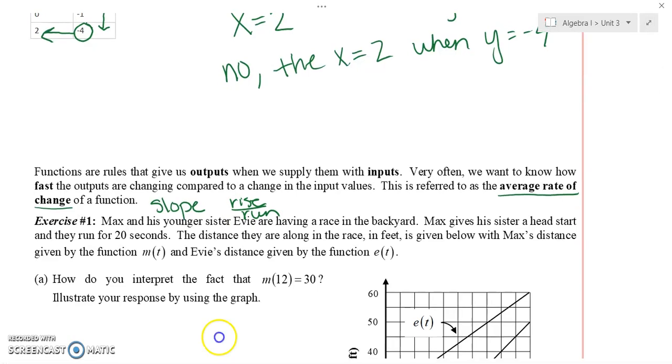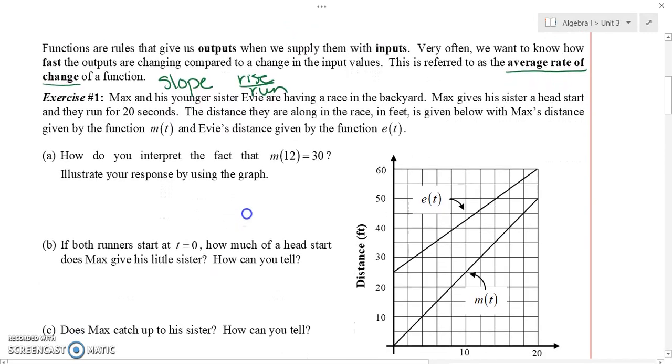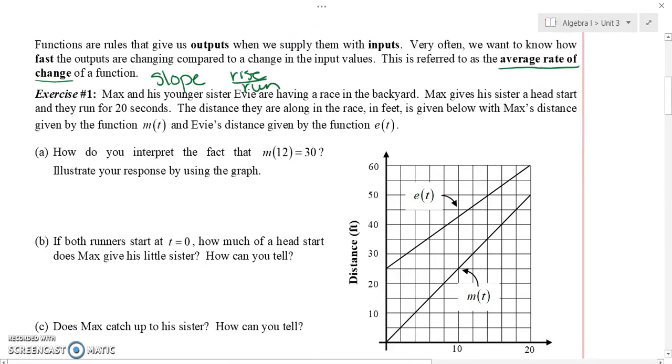Our first example is giving us a graph, and it says Max and his younger sister, Evie, are having a race in the backyard. Max gives his sister a head start, and they run for 20 seconds. The distance they are along in the race in feet is given below, with Max's distance given by the function m of t, and Evie by the function e of t.